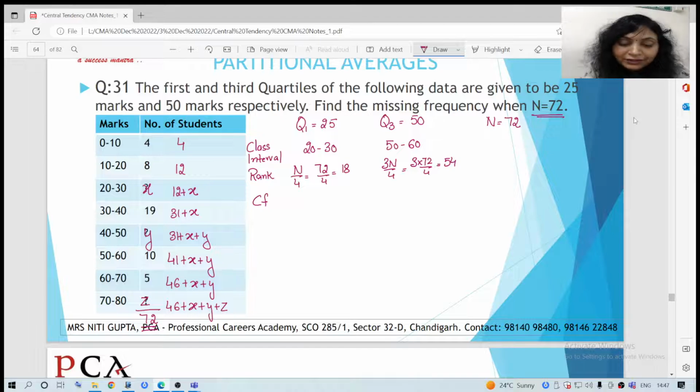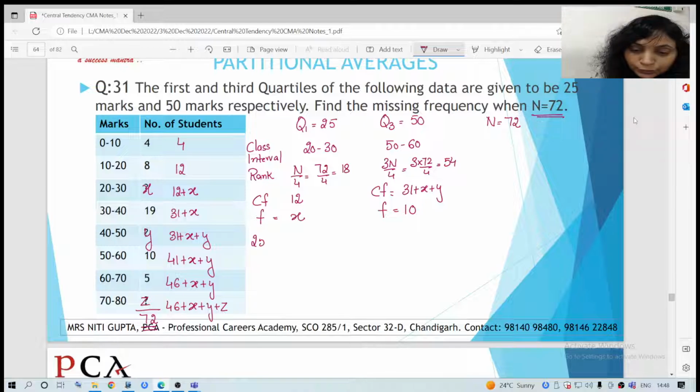So the cumulative frequency of the previous class, that is 10 to 20, is 12, and the frequency of 20 to 30 is x. In the case of Q3, the class is 50 to 60, so the cumulative frequency of the previous class, 40 to 50, is 31 plus x plus y, and the frequency of 50 to 60 is 10. So simply put the values.